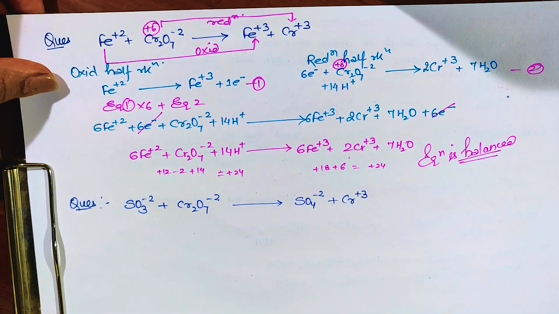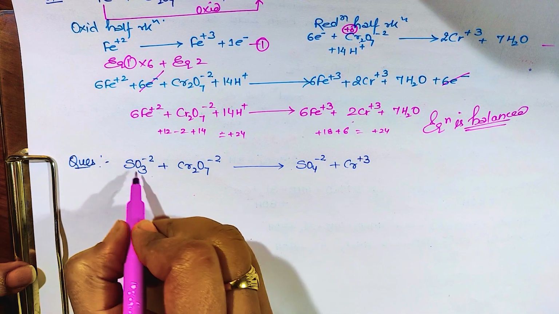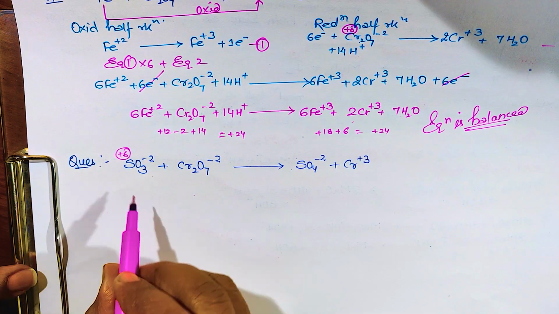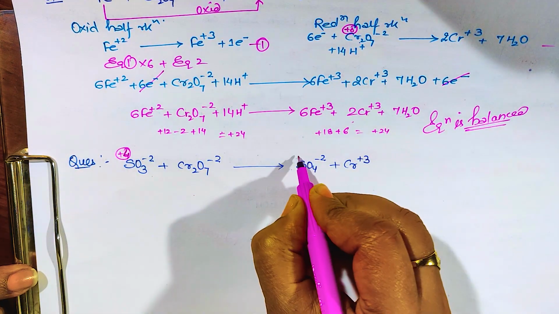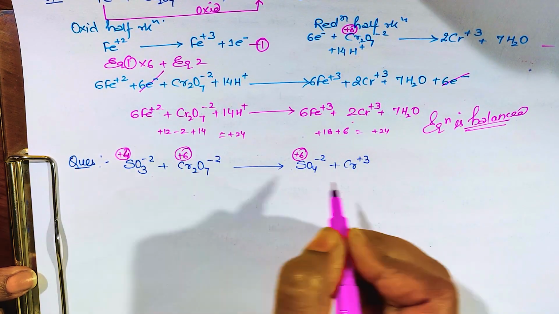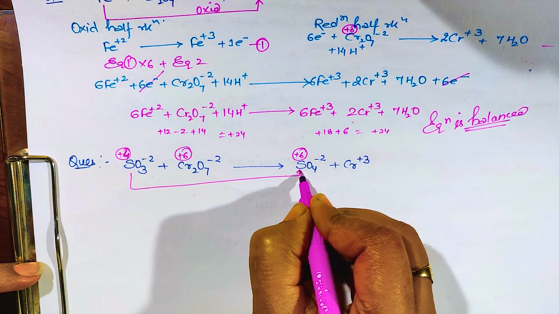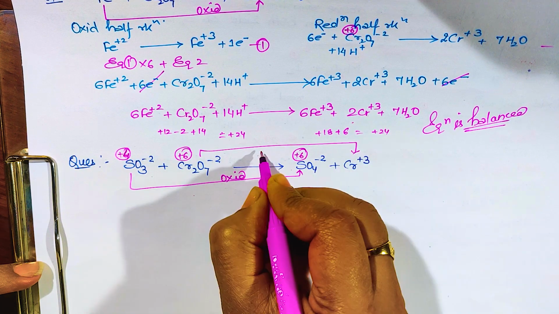Now let's do the next question. This is SO3. Again, find the oxidation number. This will be plus 6 over here. SO3, sorry, plus 4 it will be. Plus 4, yes. And here S is in plus 6 state. Here it is plus 6 for chromium, already given for this. Find the oxidation and reduction. This is undergoing oxidation, and here it is undergoing reduction.